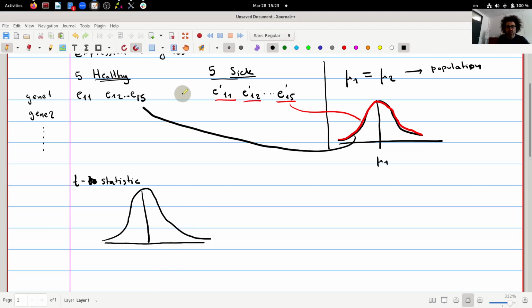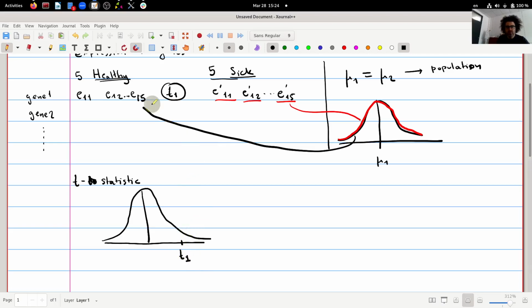And our observation here is some value t1, so we have used these 10 values, the average of these 5 values and the average of these 5 values, and the variances of these 5 values and of these 5 values to construct the t-statistic here. And we have calculated a value t1 for the t-statistic for gene 1. Now this value is here.